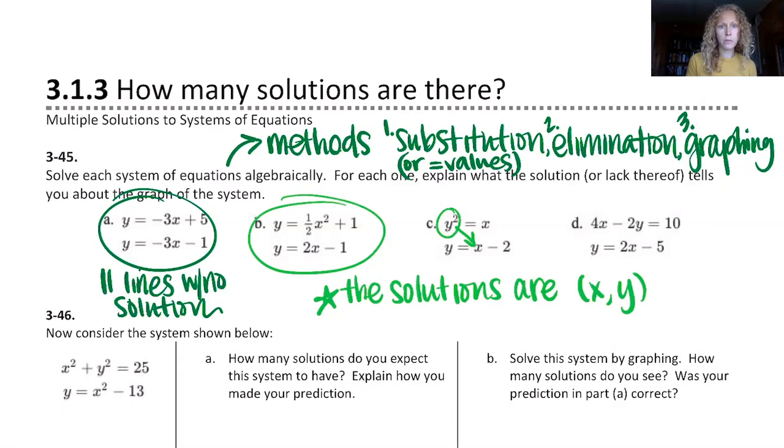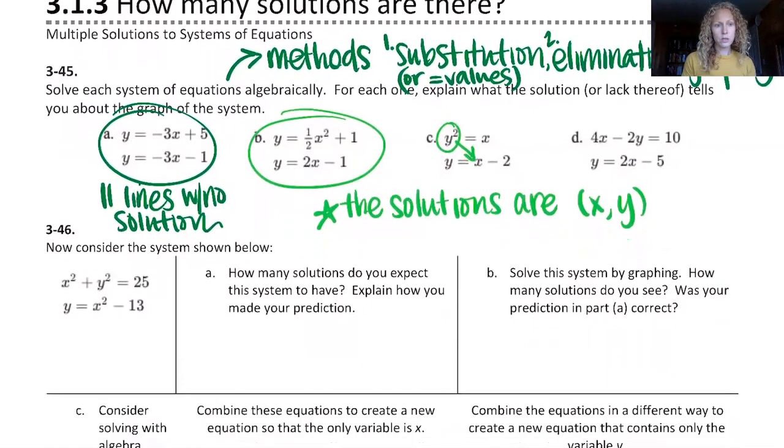If you recall from the last section, if you have just a single line, there's an infinite number of solutions to that line. If you have another line, there's an infinite number of solutions to that, and when you put them together, they cross. And when you have equations in 2 variables, your solutions also have 2 variables. Depends on the shape how many times they're going to cross.